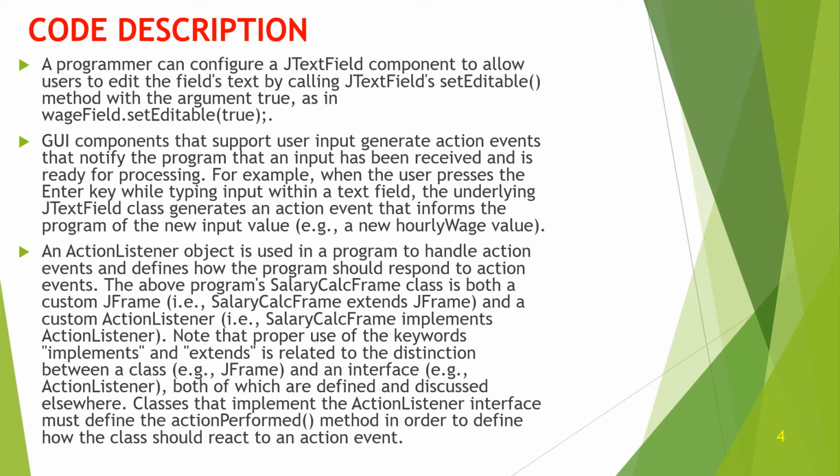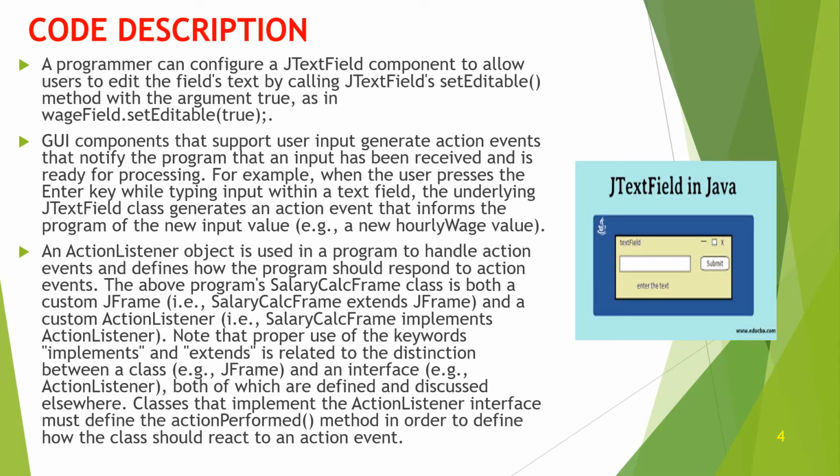The proper use of implements and extends is very important in your program, which is related to the distinction between a class and an interface. Classes that implement the ActionListener interface must define the actionPerformed method.